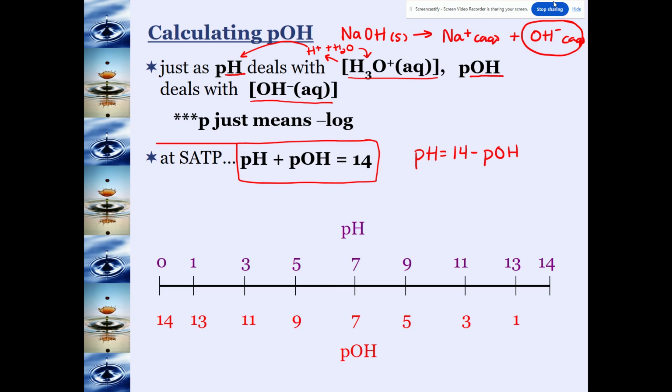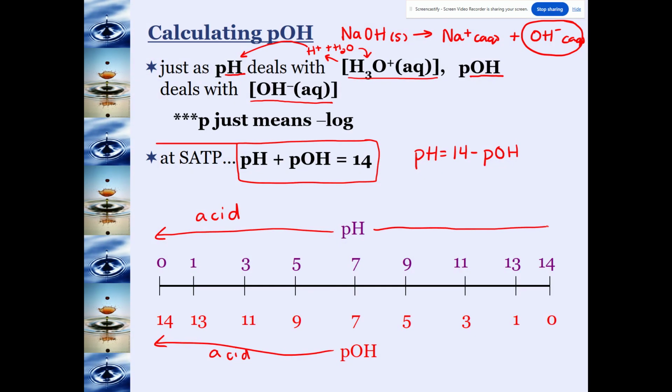We know that everything on the pH scale below 7 is an acid. Well, on the pOH scale, that's everything above 7 that is an acid. And on the pH scale, everything above 7 is a base, but on the pOH scale, everything below 7 is a base.